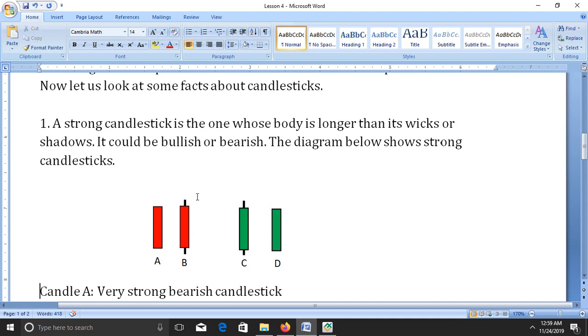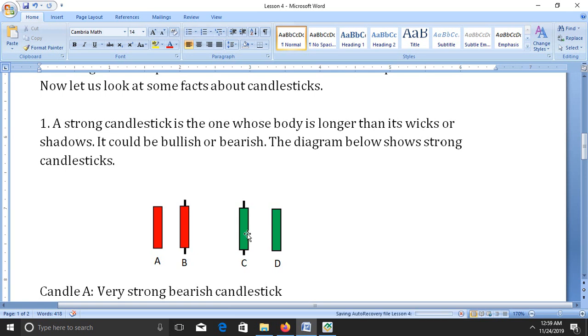But the difference is that this one has wicks, high and low, but this one does not. This is just a pure rectangular candle. So what's the difference? This is bearish, but this is a very strong bearish candle. This is a strong bearish candle.